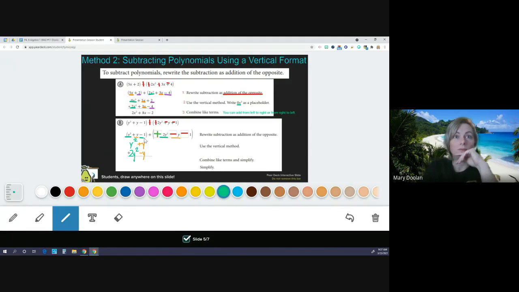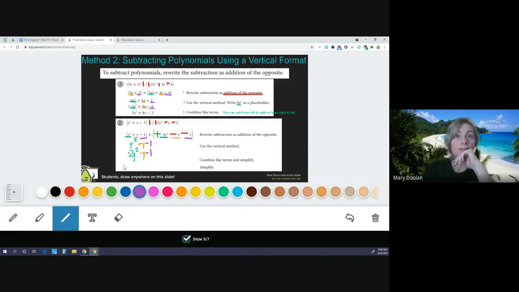We have -1 and -1. So we'll go ahead and put those in. All right, so once you've set it up, I didn't actually have to use any zero placeholders this time because I wasn't missing anything. You only have to put those zero placeholders when you're missing a like term to go with, in both polynomials.